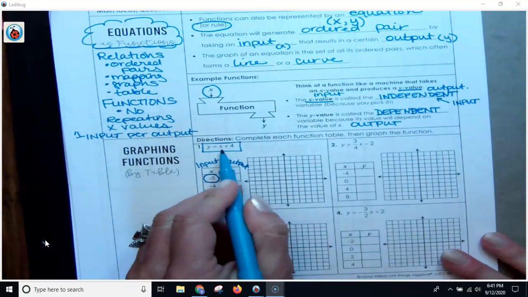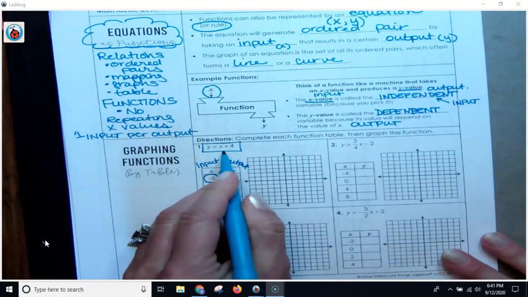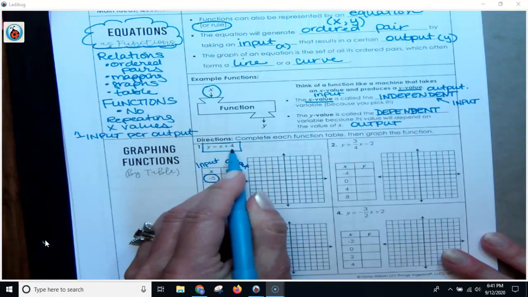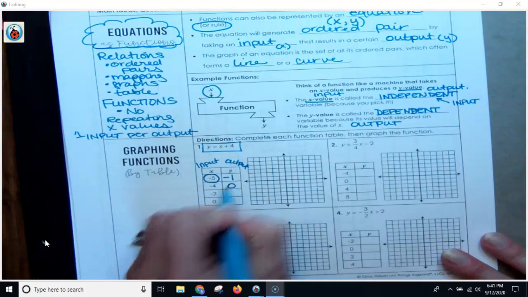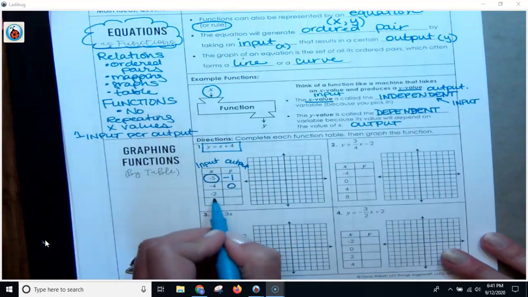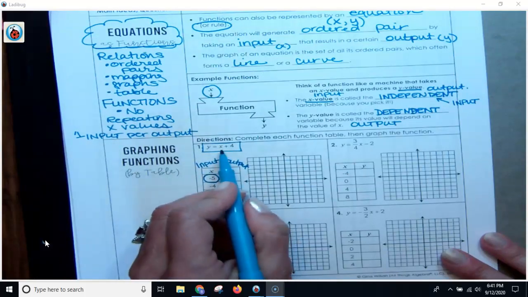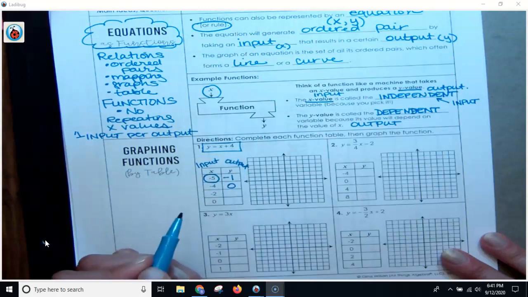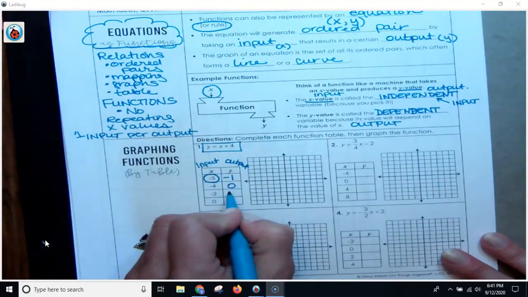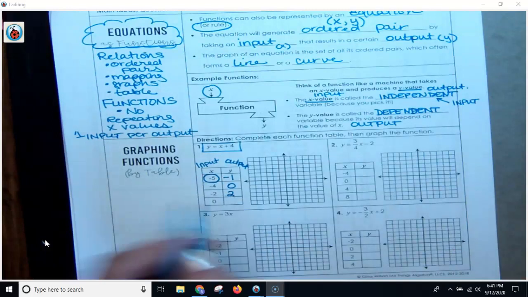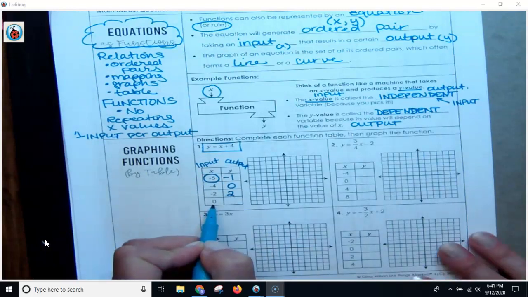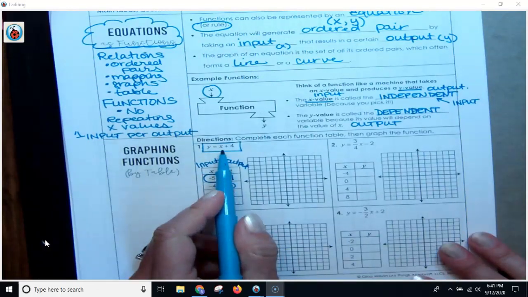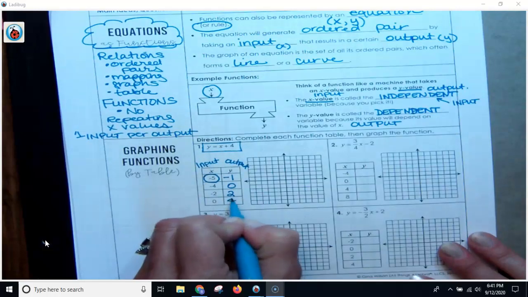So when I put my input of -4 into the x, -4 plus 4 gives me an output of 0. When I put my input of -2 into the x, I have an output of 2. And when I put an input of 0 as my x, my output is 4.